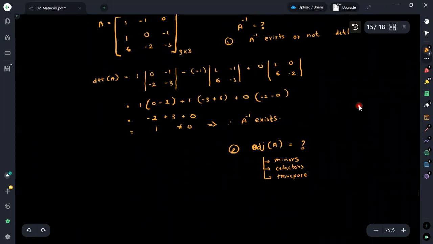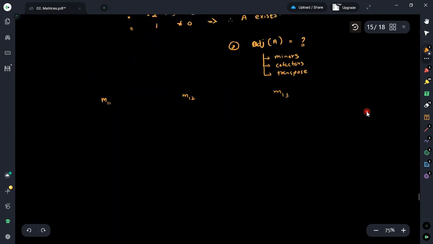To obtain the minors, I will first name them as M11, M12, M13. Similarly, it is M21, M22, M23. Then it is M31, M32, and M33.